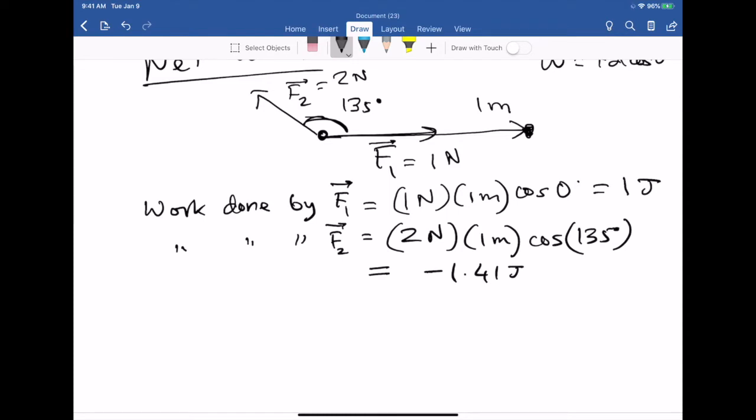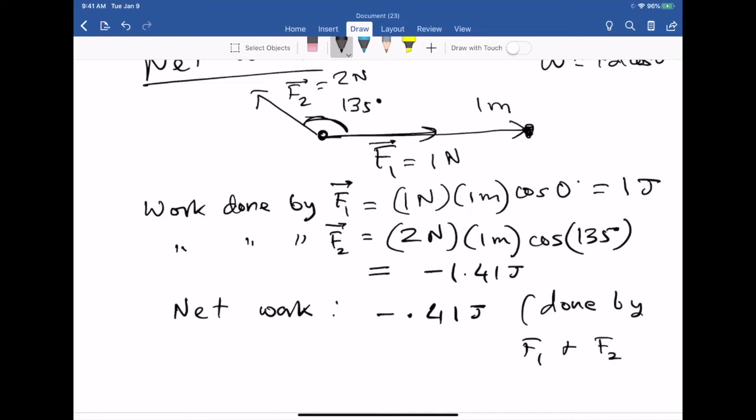So what is the net work done on the object? If these are the only two forces acting on the object, the net work would just be minus 0.41 joules. So this is the net work done by F1 and F2. In reality, if the object is really moving in a straight line like this, there has to be some other force acting on it as well, but that would be more forces, so more work for us to calculate.